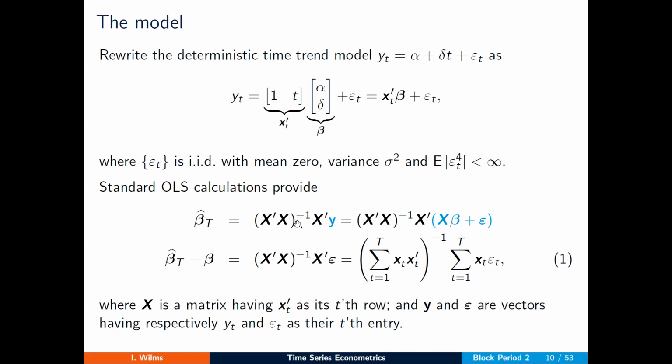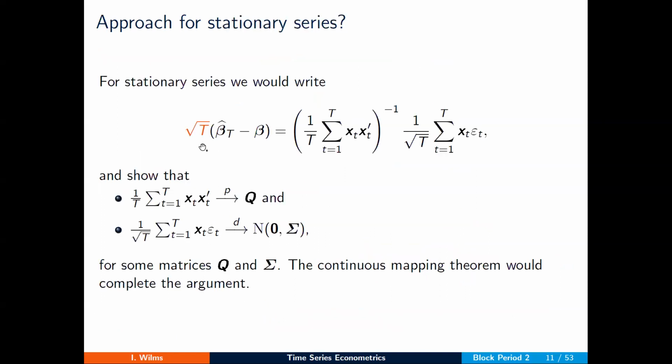Now, how would we continue for stationary time series? We would introduce the appropriate scaling, which is the asymptotic rate of convergence, by which we blow up this difference between the estimator and the true parameter value. Until now, this was always root T. We would place a factor 1 over T on this term here for the law of large numbers, and here we would have our scaled average with a factor 1 over root T for the central limit theorem.